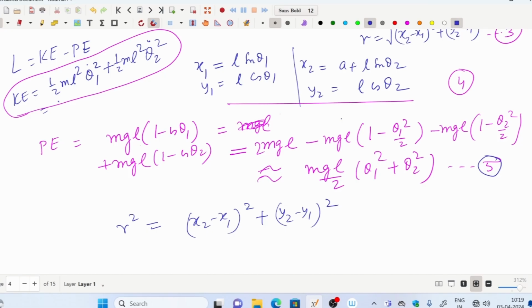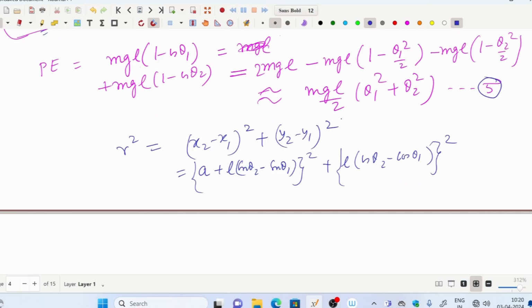So, x2 minus x1 is basically a plus L sin theta 2 minus sin theta 1, and its whole square, plus L cos theta 2 minus cos theta 1 whole square.